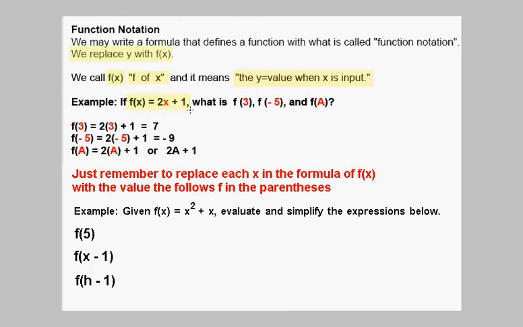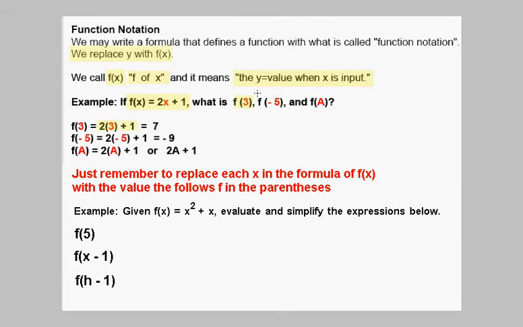That's our function. Now here's another thing about this notation. If we want to find the value of y when x is 3 and our formula is 2x plus 1, we just write find f of 3. It's shorthand. It just saves a lot of space. And f of 3, when our formula is 2x plus 1, is 2 times 3 plus 1, or 7.